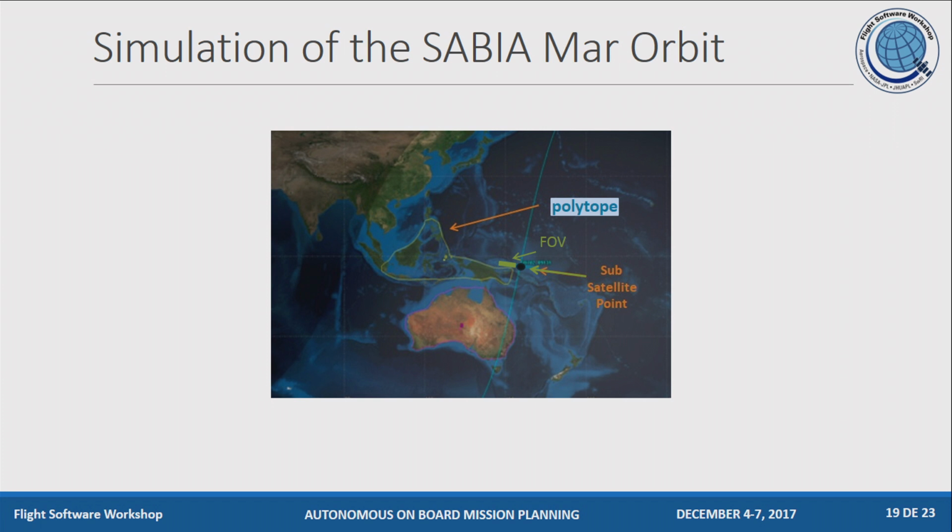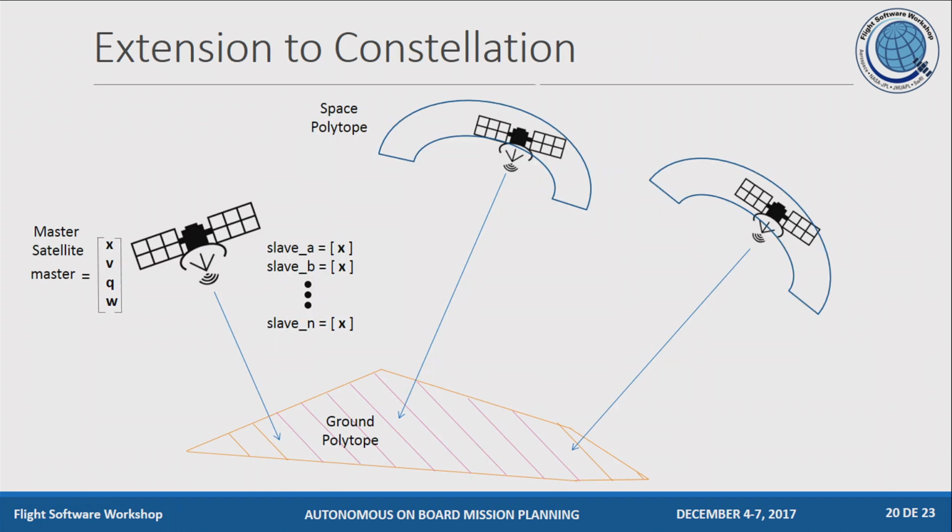Next slide, please. Slide 20, Constellation. The extension of this idea to using the polytope on Earth was to simulate the possibility to have the constellation, from the idea that CONAE has a constellation of 4 satellites.